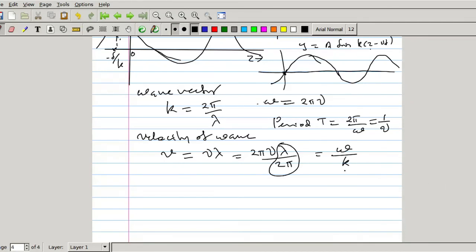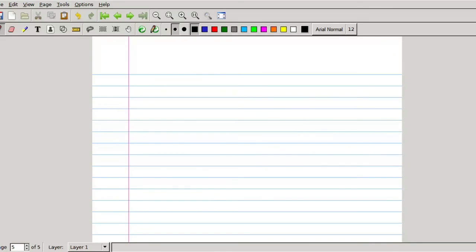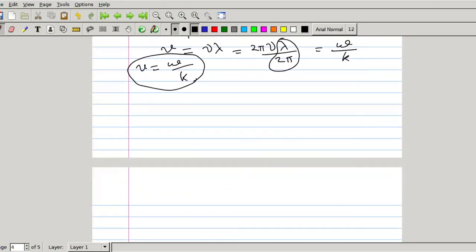So the relation between velocity and wave vector is v equal to omega by k.